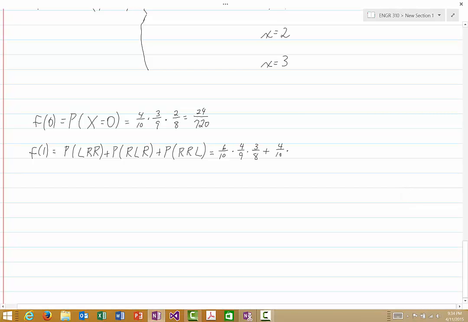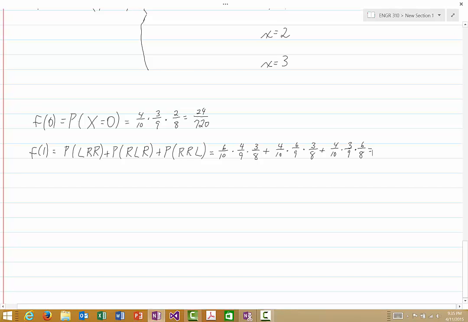And then the probability that the next one would be left would be 6 out of 9. And then the probability that the last one would be right would be 3 out of 8. And finally, for right, right, left, we get 4 out of 10 times 3 out of 9 times 6 out of 8.